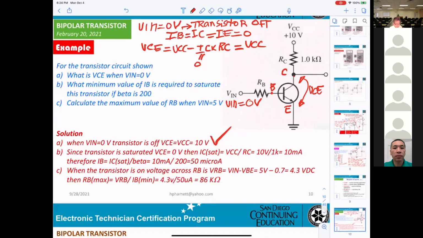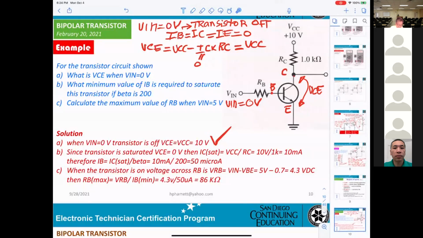Okay, now that question is a little confusing. What minimum value of IB is required to saturate the transistor if the beta equals 100? I already gave you the answer. Try to read to understand. Since the transistor is saturated, we already know when they saturate, VCE equals 0.